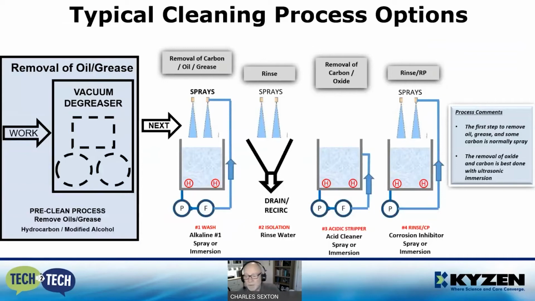The blue box I have shown at the beginning is for vacuum degreasing, and that's an excellent process which uses two different solvents, a hydrocarbon and a modified alcohol, which is excellent for removing the heavy oil and grease at the front end, and then really going after the carbon with the aqueous process.